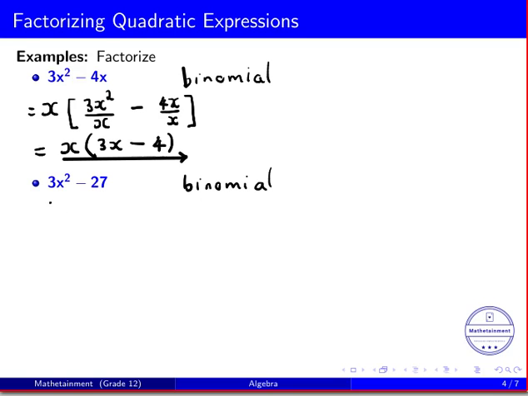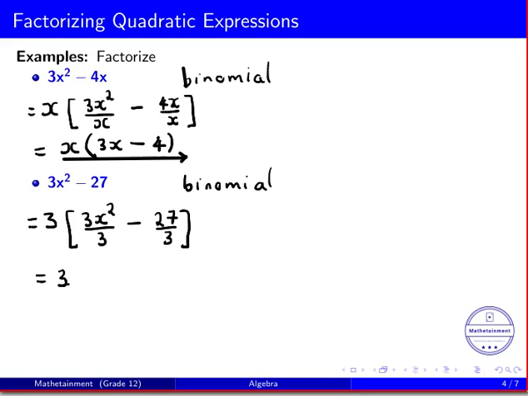If you take out 3 as the common factor, what remains inside the bracket, remember you divide each term of your expression by the common factor that you took out. In this case that is 3. So I'm having 3x squared all over 3 minus 27 all over 3.